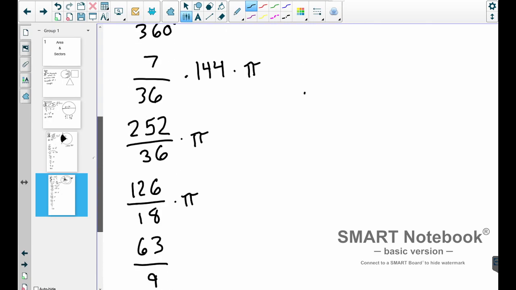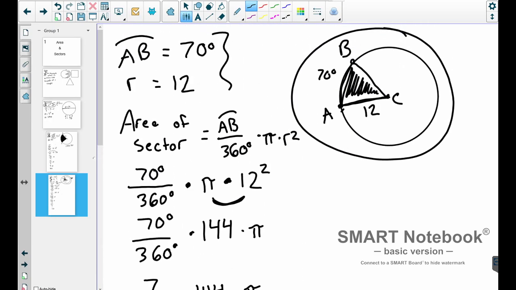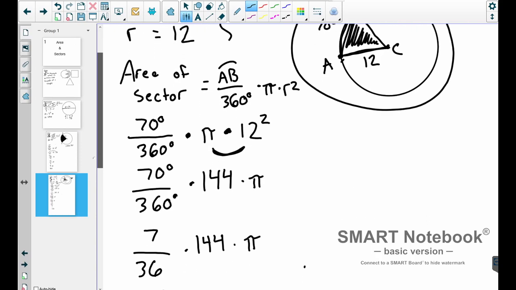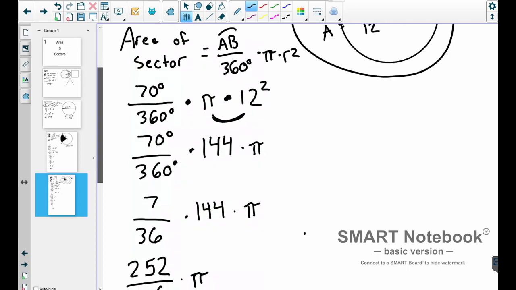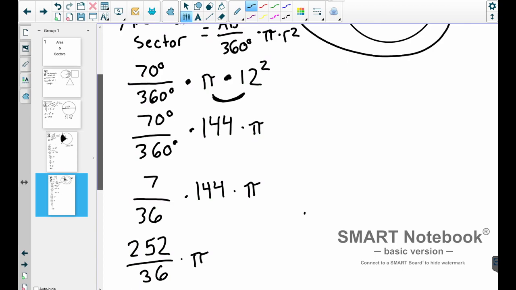Hopefully this makes sense to you guys. Let's break this down one more time. We have our central angle at 70, which means our arc AB equals 70, and we're given a radius of 12. We say that that arc measure divided by 360 times our formula for the area of a circle will give us the answer.